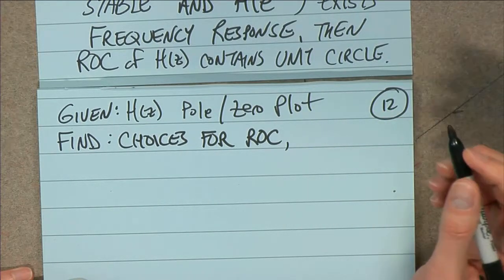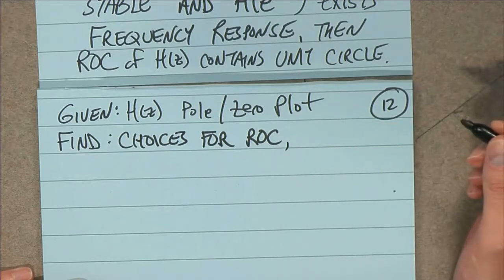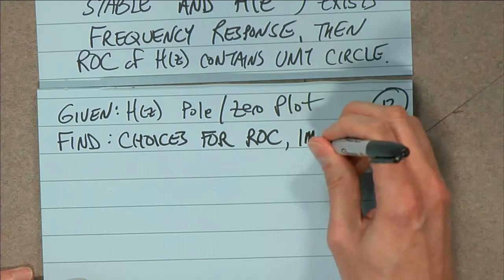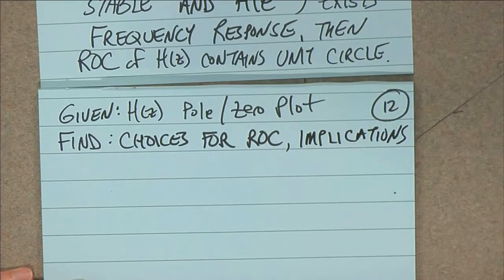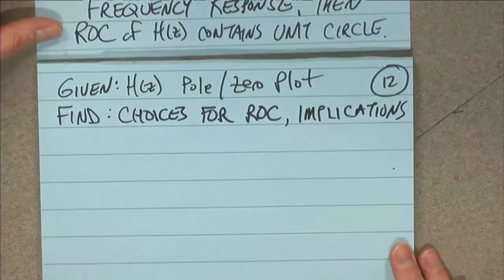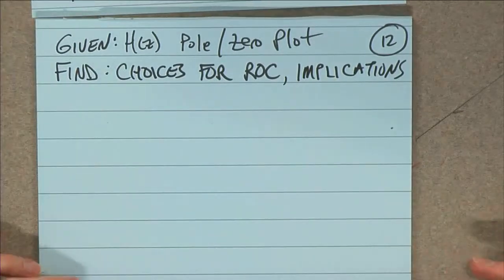So I think of a succinct way of writing that. Choices for the ROC and I guess implications. Or what features are going to pop out of this system based on these choices, because it will change things. So let's go through and see what it does.